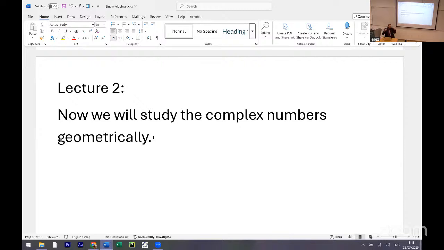You're supposed to enhance your way of thinking, and I think, for me at least, the most important part of the whole thing is understanding different points of view and being able to use them, much more than just solving dry mathematical problems. So after that monologue, we will study the complex numbers geometrically.